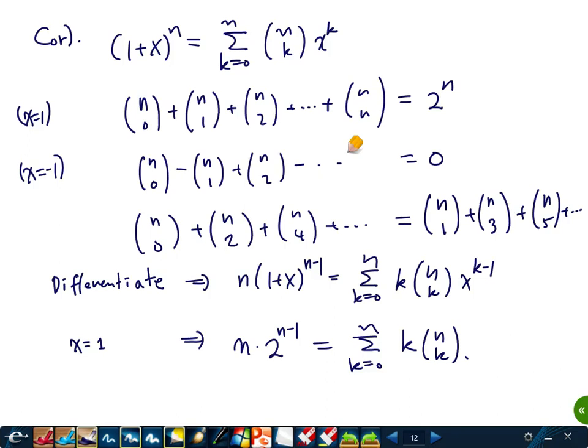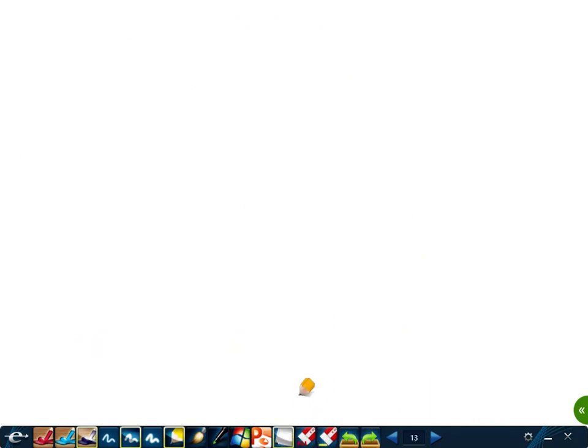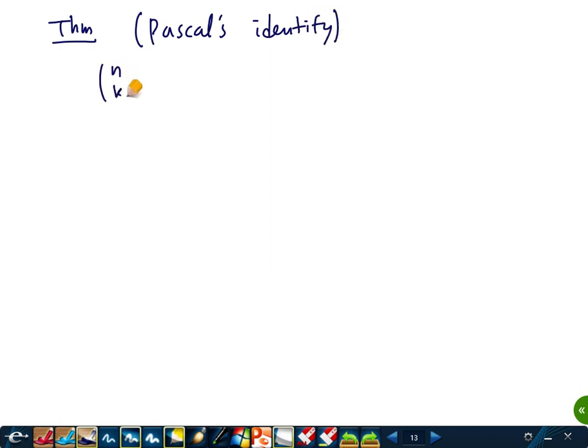And there is another identity, also very famous. It's called Pascal's identity. So n choose k equals n minus 1 choose k plus n minus 1 choose k minus 1. Proof.